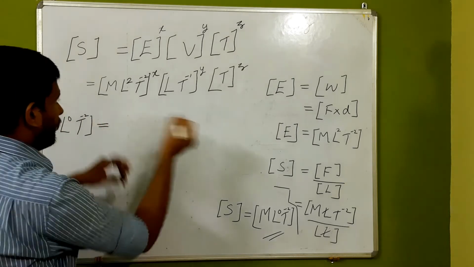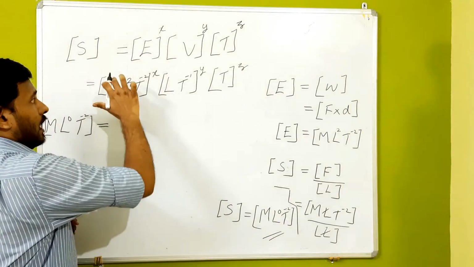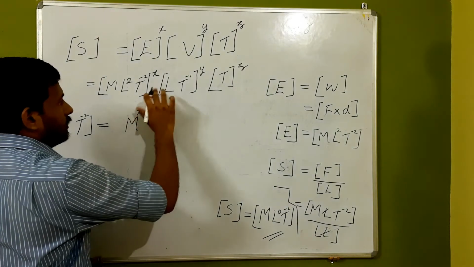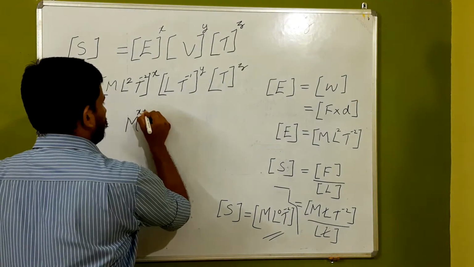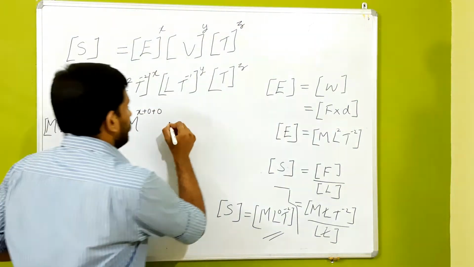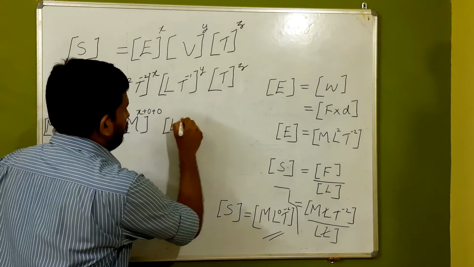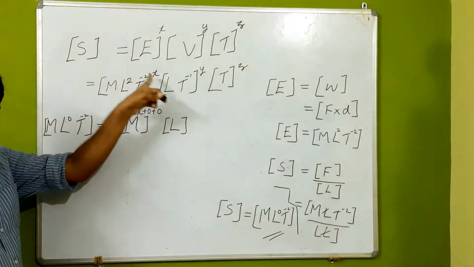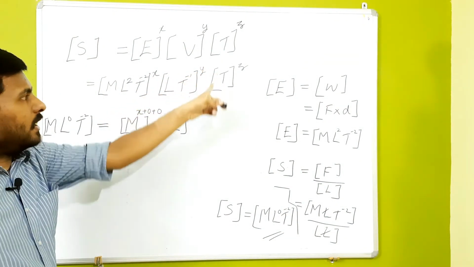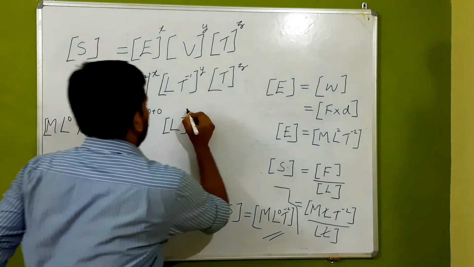on the left side. On the right side we have mass. As in the previous case we have 1 here, therefore x, there are no mass terms here, so 0 plus 0. Then we have to take the length, that is L. For the dimension of length we have 2 into x, that is 2x, 1 into y, that is y, and there is no term for length on the left, therefore 2x plus y.